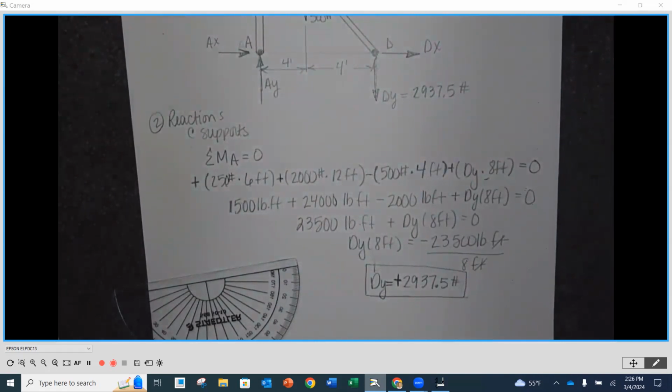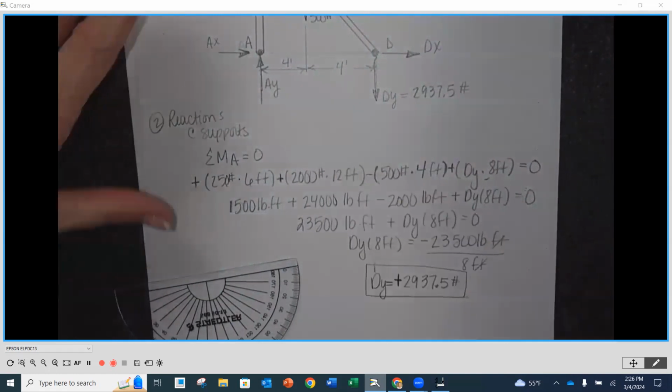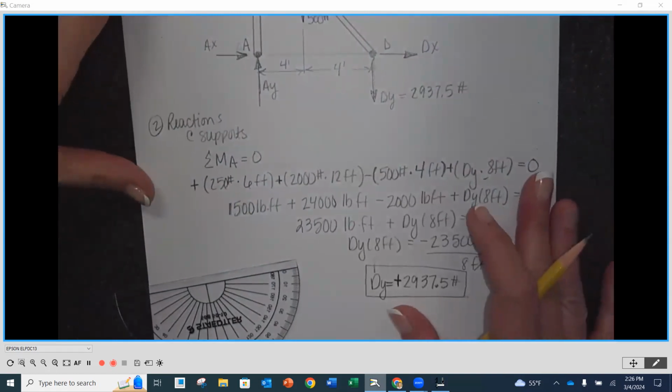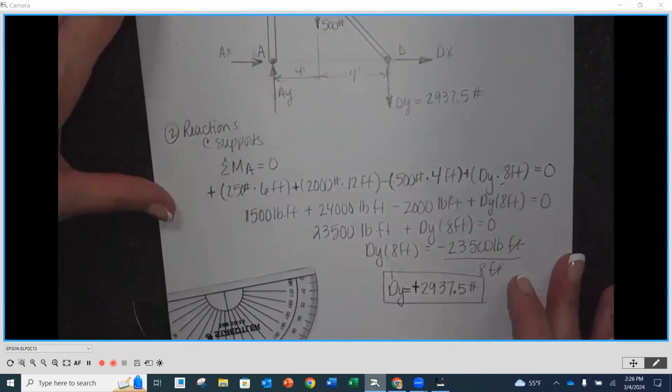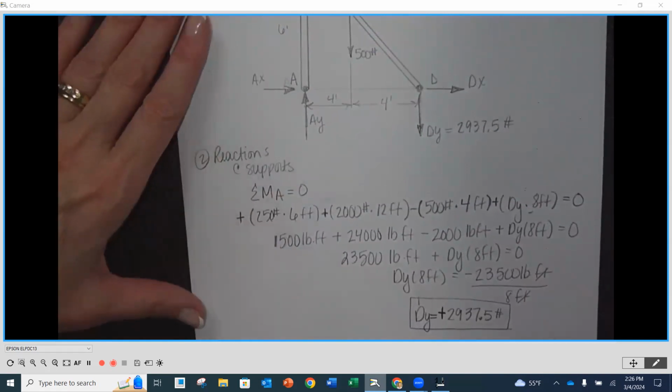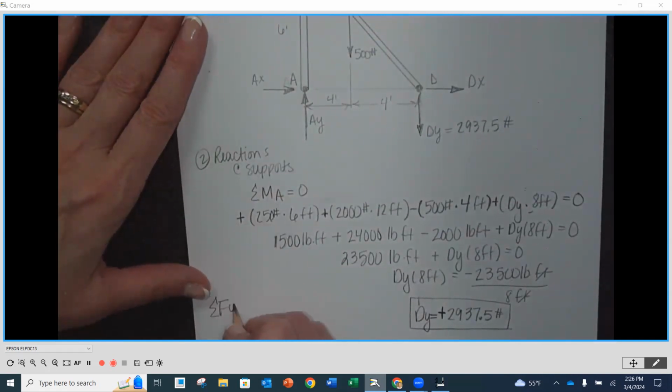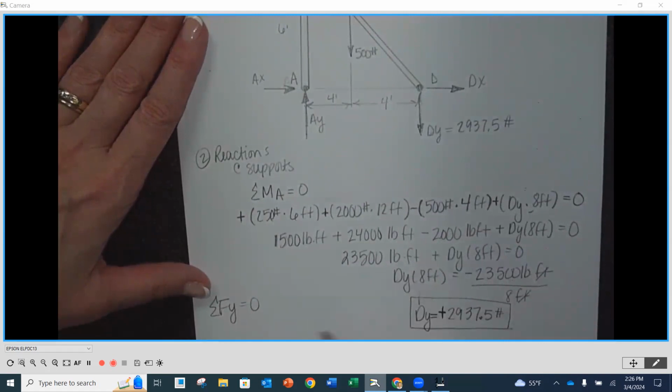Now that I know my dy, I can go ahead and solve for my ay. So I'm going to sum my forces in the y direction equal to 0. Ay minus 500 pounds minus 2937.5 pounds is equal to 0.